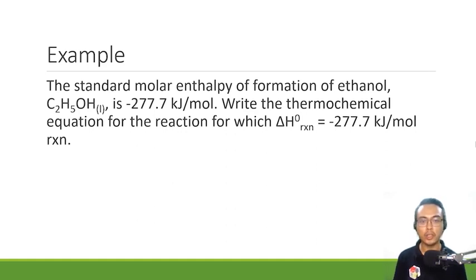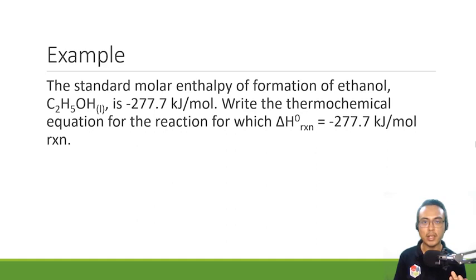Now, the most important thing to note in this example is that we want to know what is the chemical equation that will satisfy the enthalpy of reaction being equal to the enthalpy of formation of ethanol. That means that we are looking for the standard molar enthalpy of formation reaction of ethanol, because that is the only way wherein we can have the same enthalpy of formation with the enthalpy of the reaction.